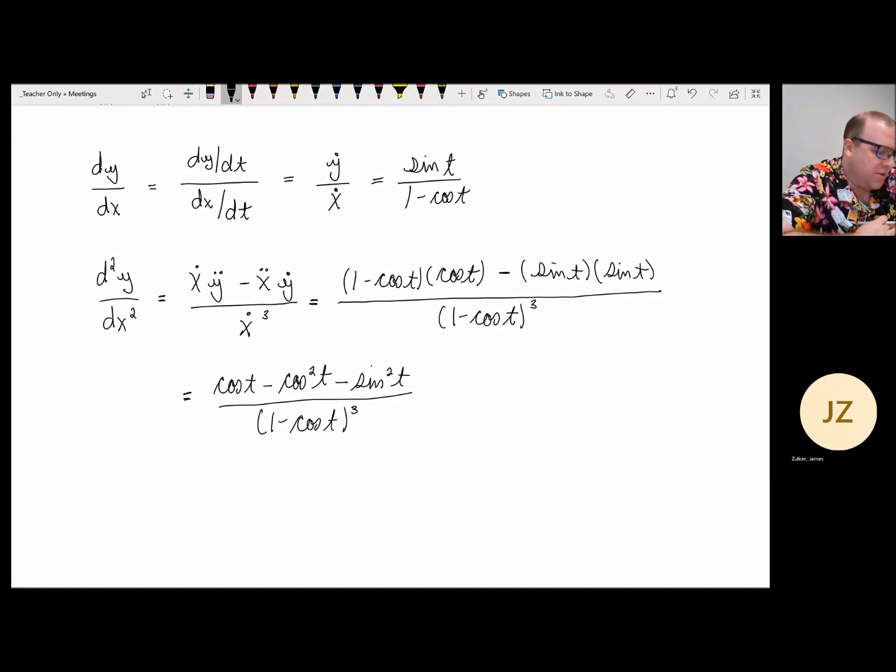The cosine minus cosine squared minus sine squared. How does that simplify? Sine minus.